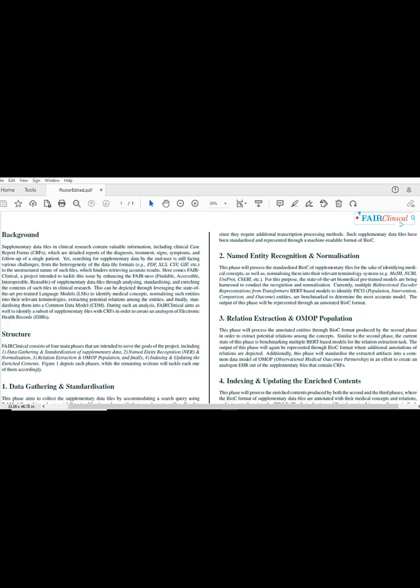The second phase, the named entity recognition, which has been led by our French partner from the University of Paris-Saclay, is intended to identify the biomedical concepts within the BioC of the supplementary data files that have been provided from the first phase.